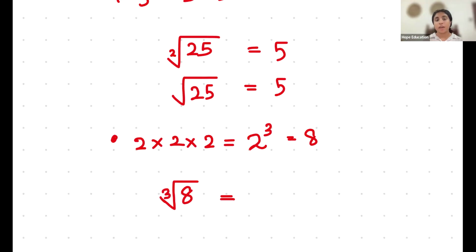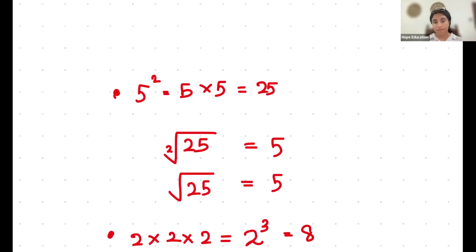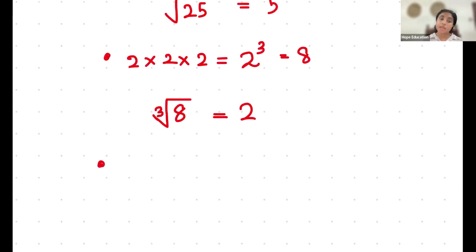2. Here, 5 to the power 2 means 5 squared is 25, and the square root of 25 is 5. 2 cubed, or 2 to the power 3, is 8, and the cubic root of 8 is 2. In the same manner, 3 times 3 times 3 times 3. 3 times 3 is 9. 9 times 3 is 27. 27 times 3 is 81.